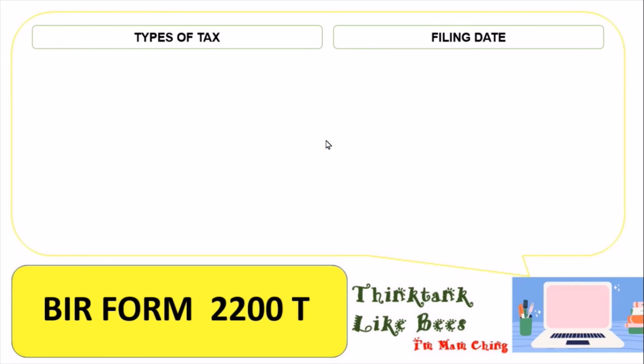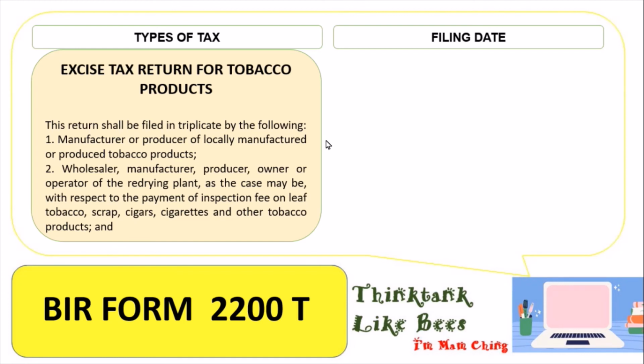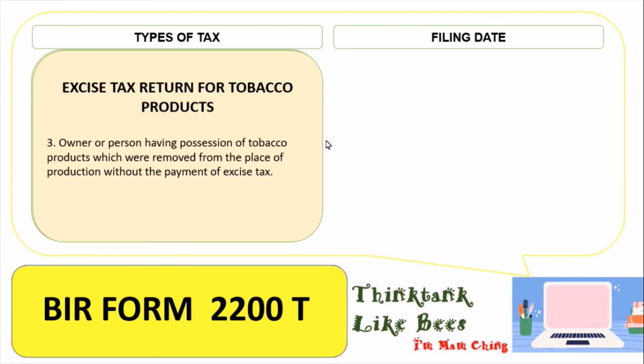BIR Form 2200T. So T means excise tax return for tobacco products. So this return shall be filed in triplicate by the following: manufacturer or producer of locally manufactured or produced tobacco products or cigarettes, wholesaler, manufacturer, producer, owner or operator of the redrying plant, as the case may be, with respect to the payment of inspection fee on tobacco, scrap, cigars, cigarettes, and other tobacco products, and owner or person having possession of tobacco products which were removed from the place of production without the payment of excise tax.